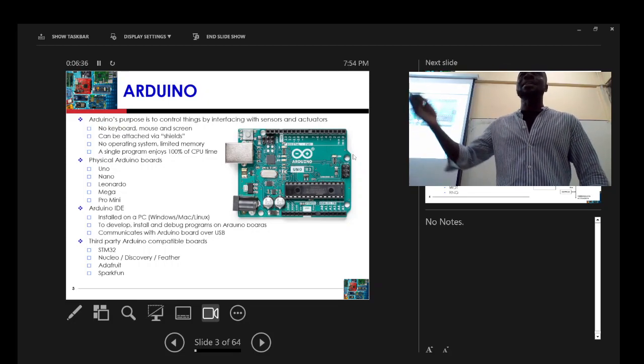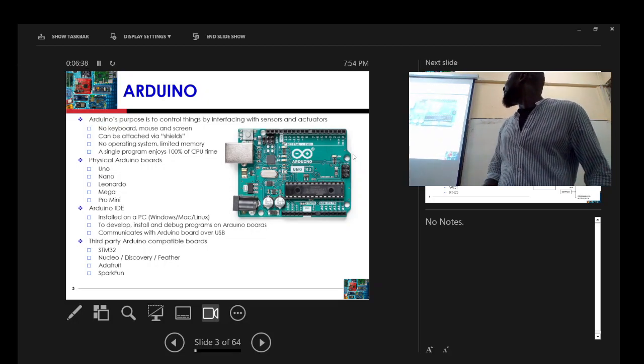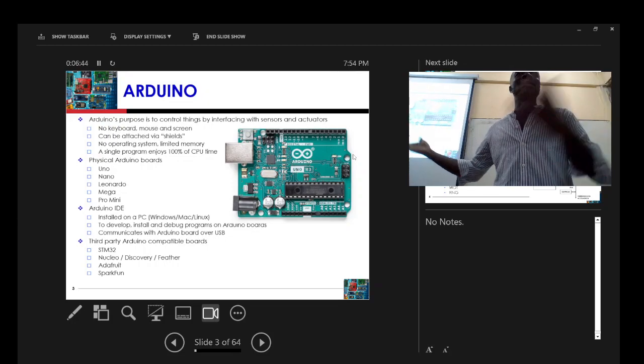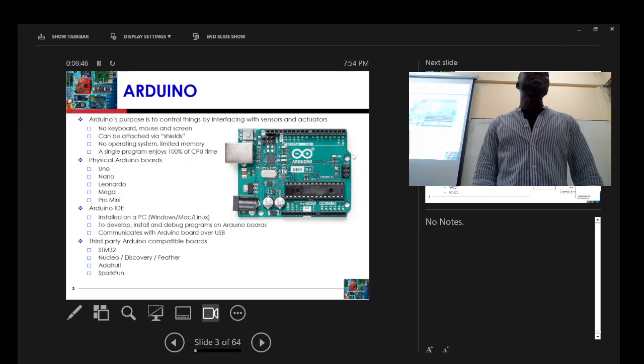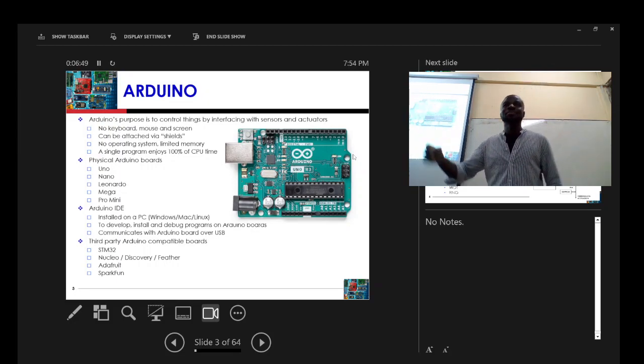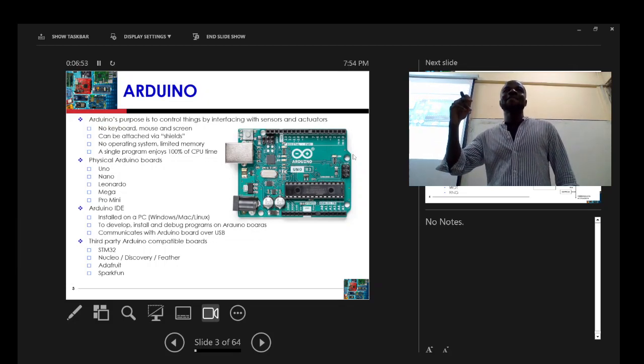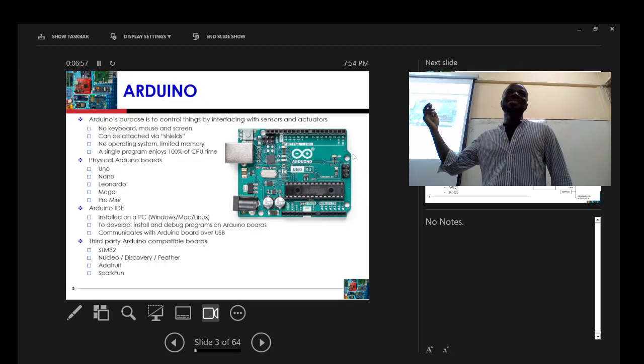You guys know what a sensor is? You know what an actuator is? What is an actuator? An example of an actuator. Masa. Okay, an example of a sensor.